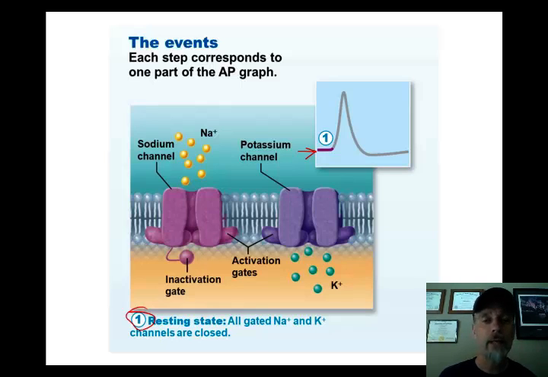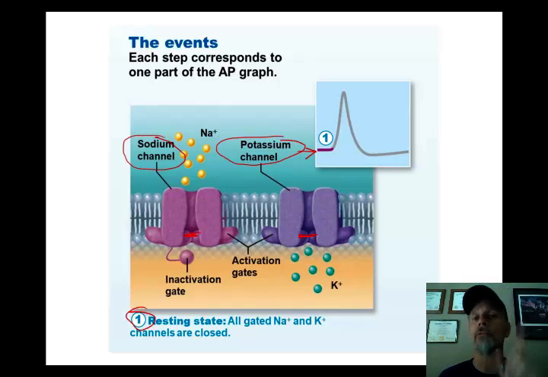We can see how they have little gates, and how we have separate channels: sodium channels and potassium channels. Different channels for different ions, and they both have their gates closed. So we get no passage of ions through these. Leak channels, yes. Gated channels, no. All right, so that's the resting state.